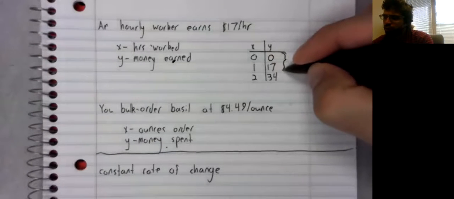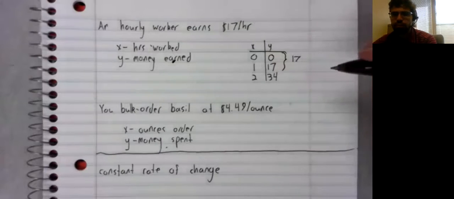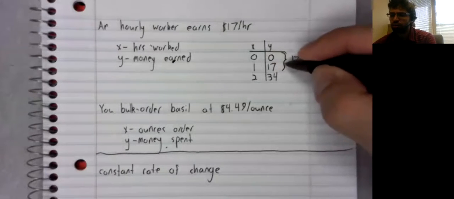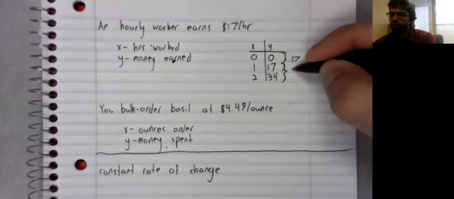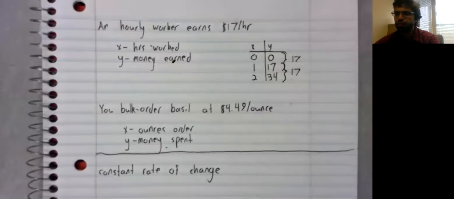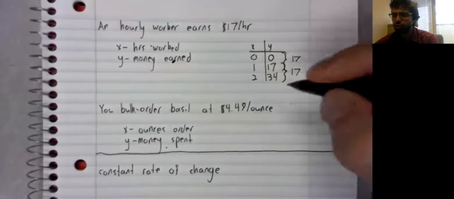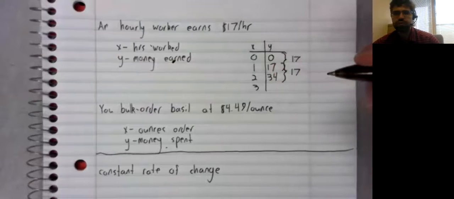So when you go from 0 to 1 hour, that gives you $17. When you go from 1 hour to 2 hours, that gives you an additional $17.